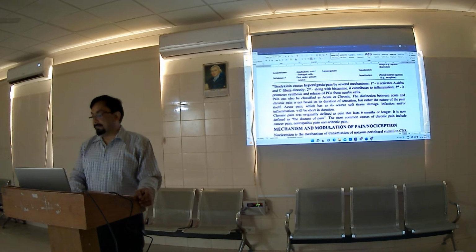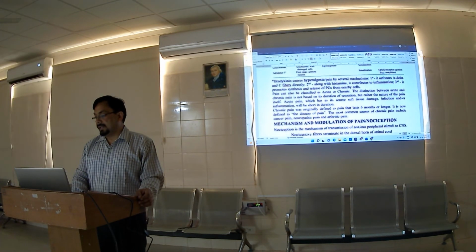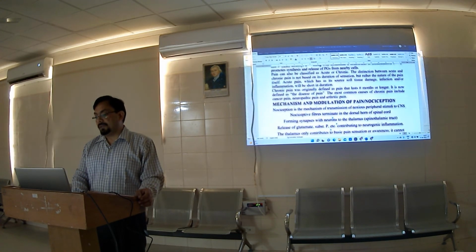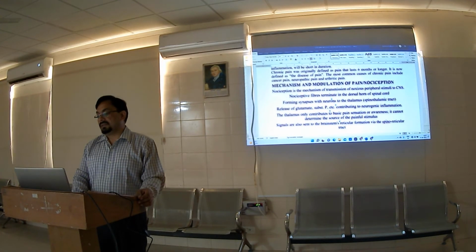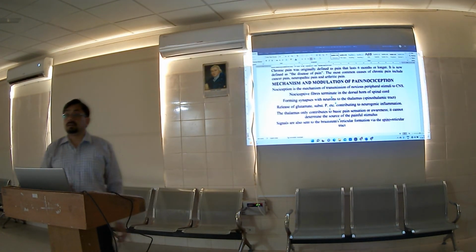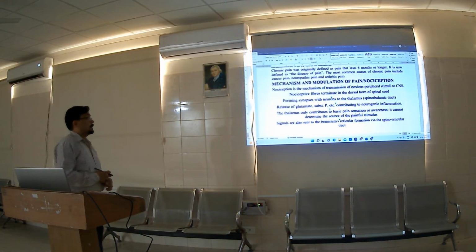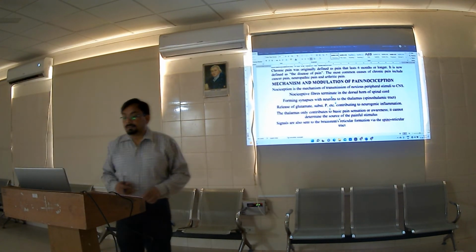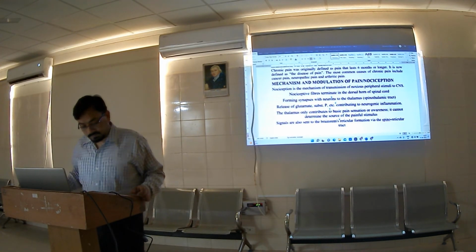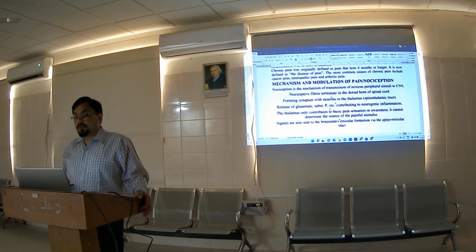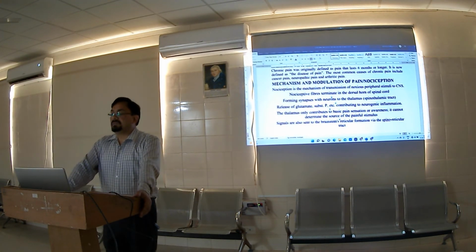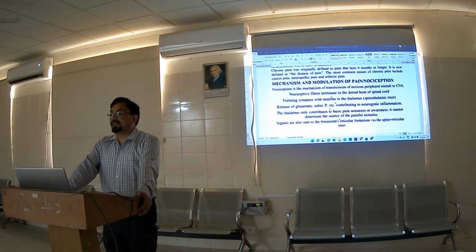Now let us see the mechanism, because understanding the mechanism may help you understand the different models in a much better way. So nociception is the mechanism of transmission of noxious peripheral stimuli to the central nervous system.